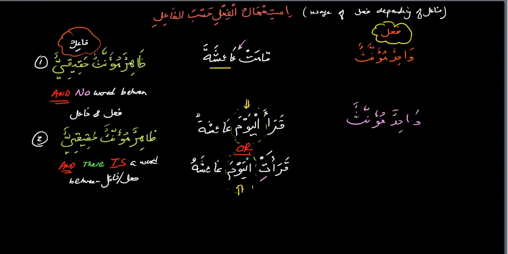I'm going to erase it and make it the same color. Okay, so I'm going to write this as wahid mu'annas, just like over here. See, qamat, qara'at, right? So wahid mu'annas.